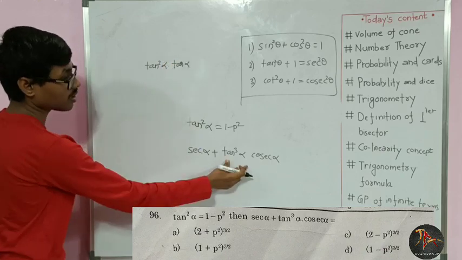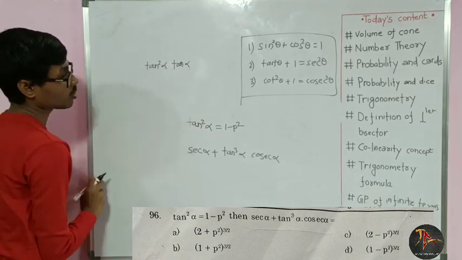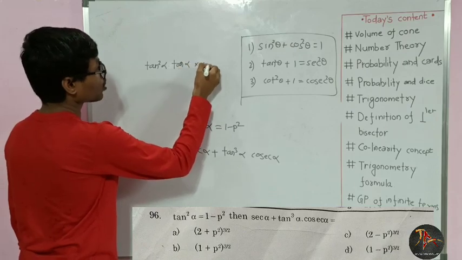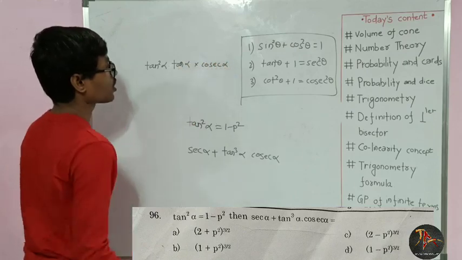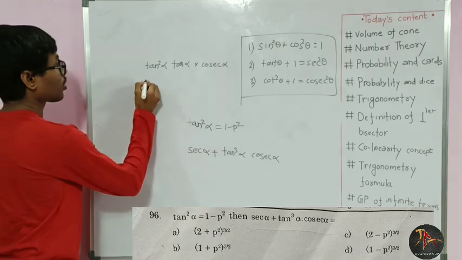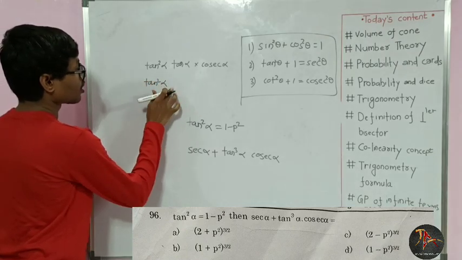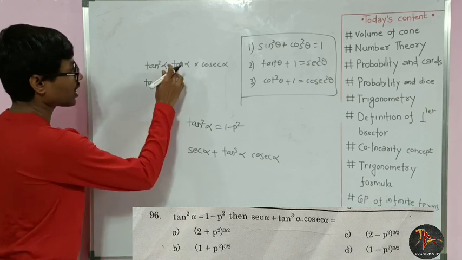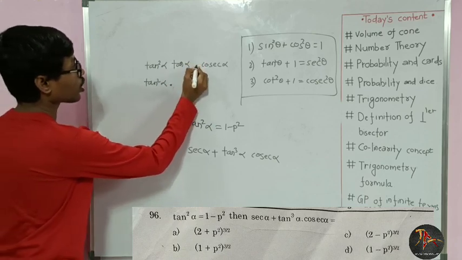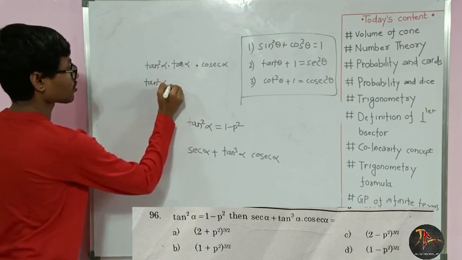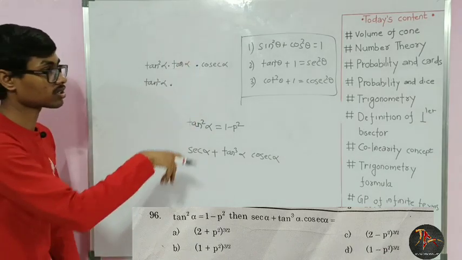I can write tan cube alpha as tan square alpha into tan alpha, into cosecant alpha. Instead of writing the into symbol, we can write the dot symbol for product.